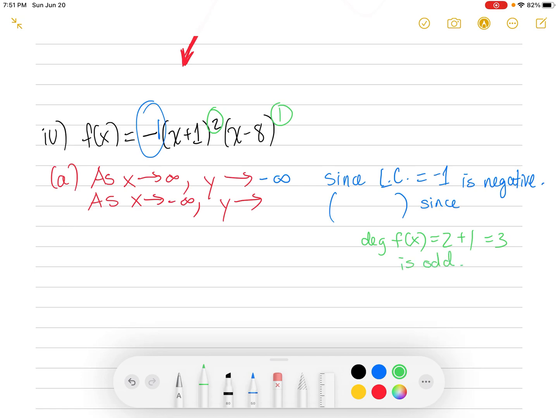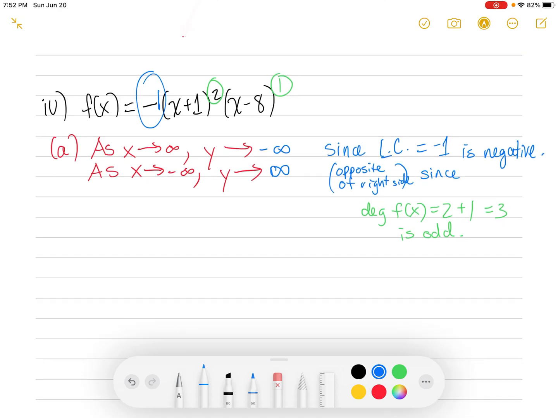That's odd. So odd degree indicates opposite of the right side. The left side is going to be the opposite of the right side. So the right side was going to negative infinity, so the left side must be going to positive infinity. So as x goes to negative infinity, y goes to positive infinity, we can say.